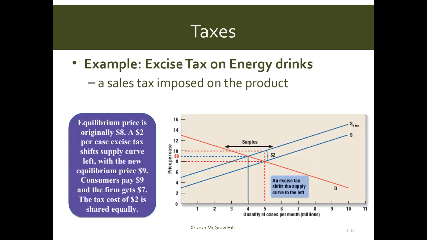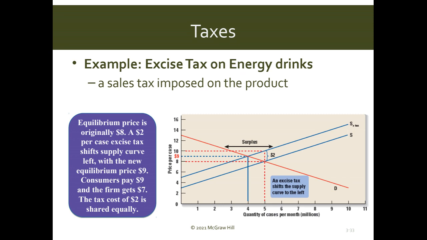This is an example of an excise tax on energy drinks. Suppose government wants to reduce the level of production of this product, so government will impose an excise tax on this product. Now, if you look at this diagram carefully, you notice that I shifted the supply curve to the left in this direction.